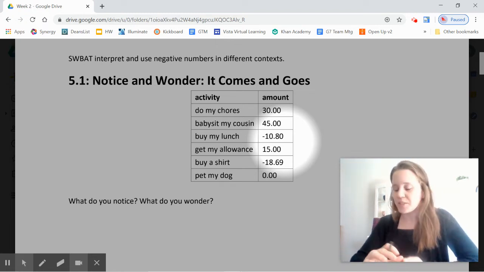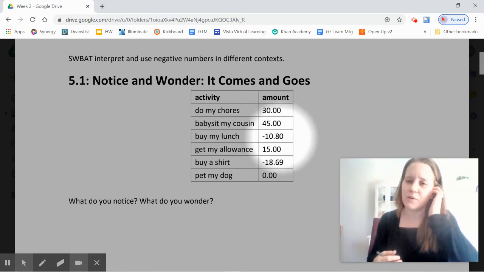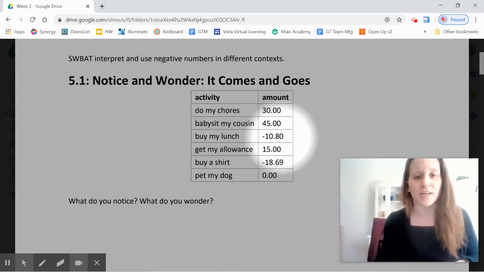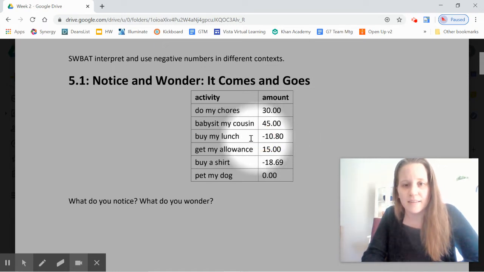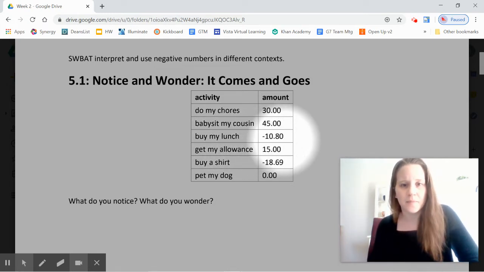Okay. The other observation I want to make sure we talk about is starting to think about why would we have a negative amount? What are we really talking about here? There were no words in the question, just these words in the chart. But what you can see, take a look at the negative value here and what it means. It says buy my lunch was the activity and negative 10.80.